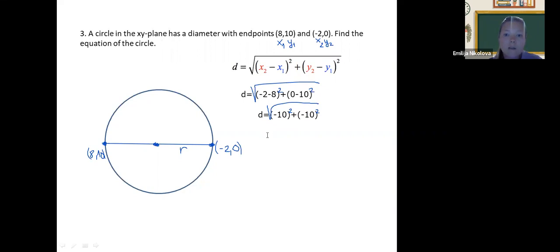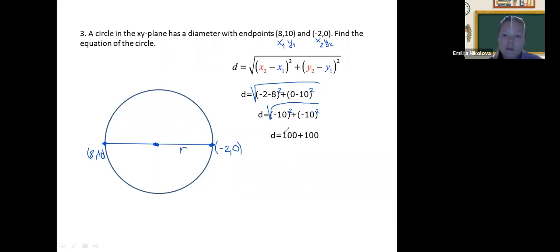Then we know that when the number is squared, even though it's with a minus sign, it is minus times minus, so it will again be positive. So the first one, 10 squared, will give me 100, plus the second one is another 100.